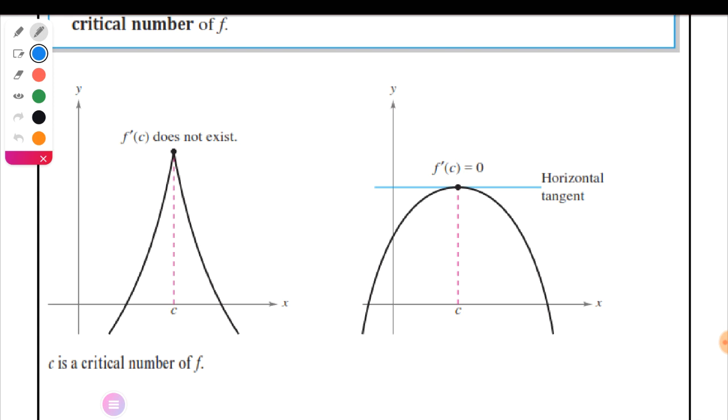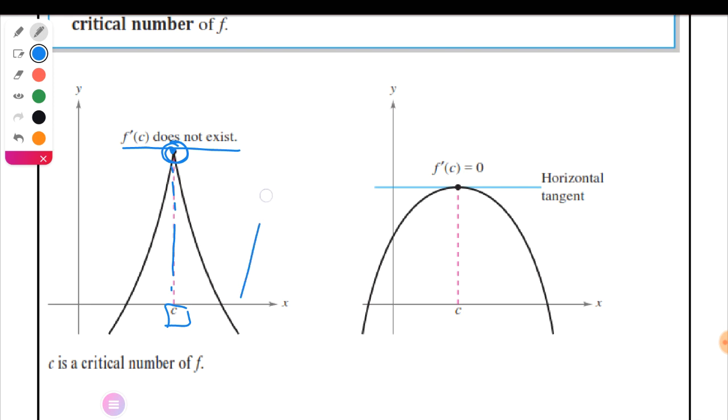In this case, from the graph, I can identify by an easy way what is the critical number. If I don't have the rule of the function, from the graph, how to identify? Here I'll search for the value of x at which the function has a corner, like this one, and the function is defined at it, continuous at it, as you see. The value of x here will be a critical number.